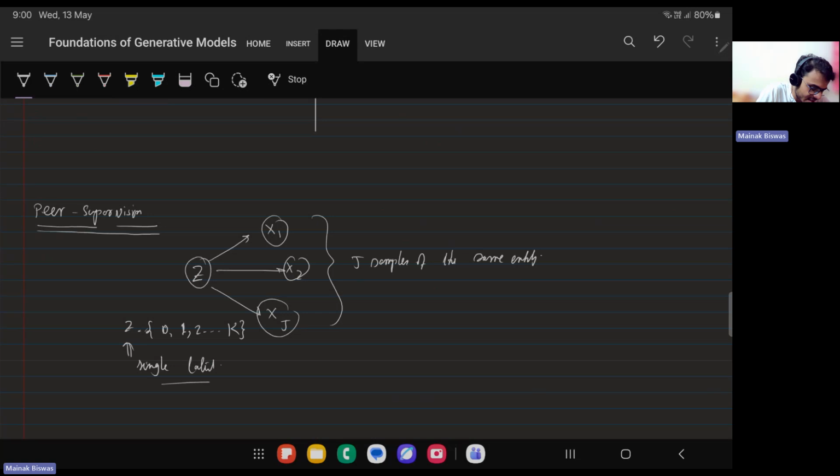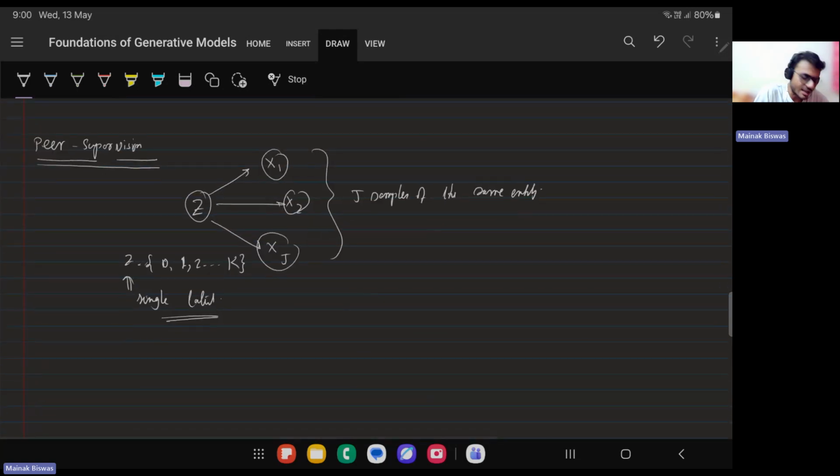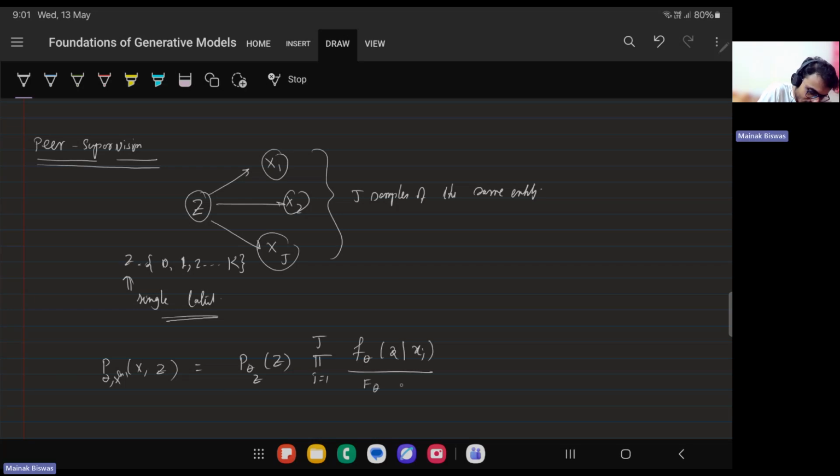So as soon as you see it's a single latent, what I can do is I can say that p theta of x comma z, I can write this as a single z instead of the script z over all the data set, given by p theta of z, product over j equal to 1 to J, of f theta j of z, a single value of z, by capital F theta of z.